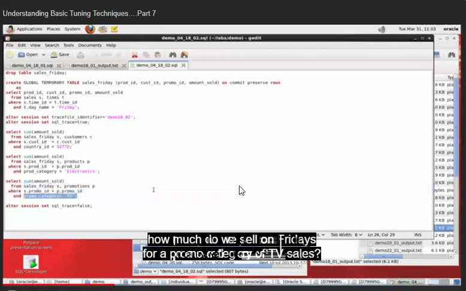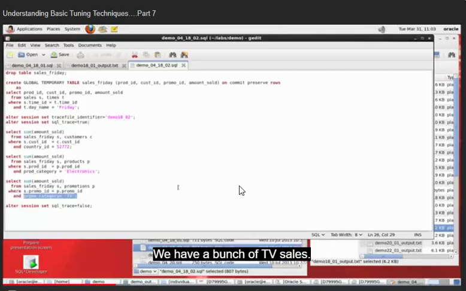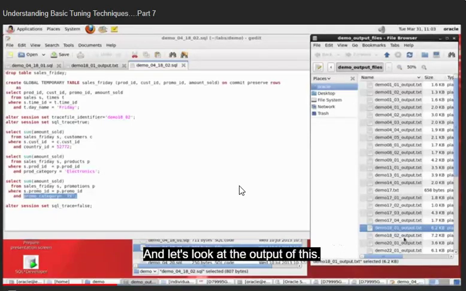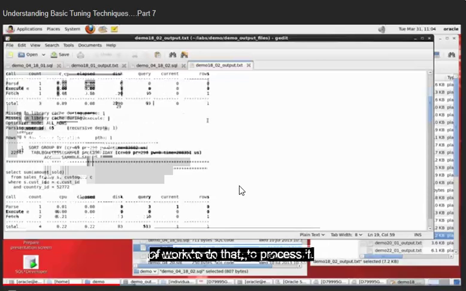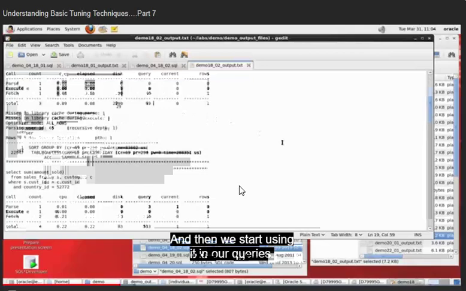And let's look at the output of this. Okay, so we build the global temporary table, and it costs us a certain amount of work to process it. And then we start using it in our queries. So we're going to join the Fridays to the customers to answer what did we sell in a particular country.